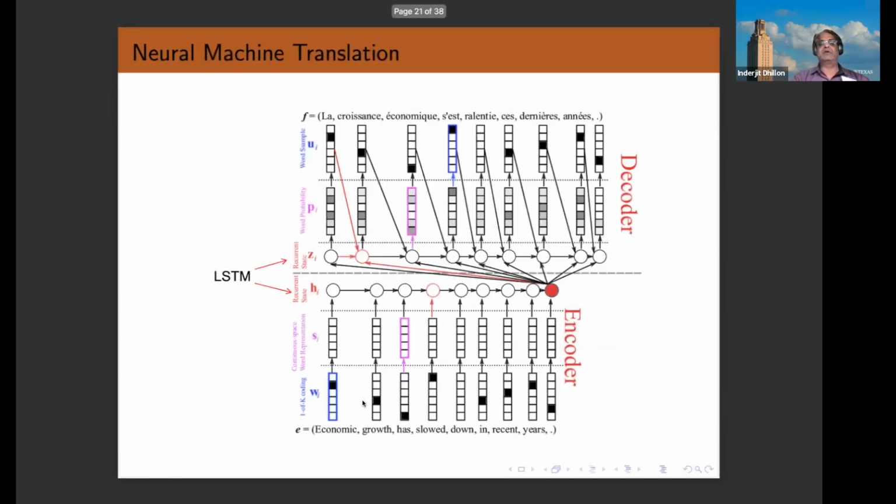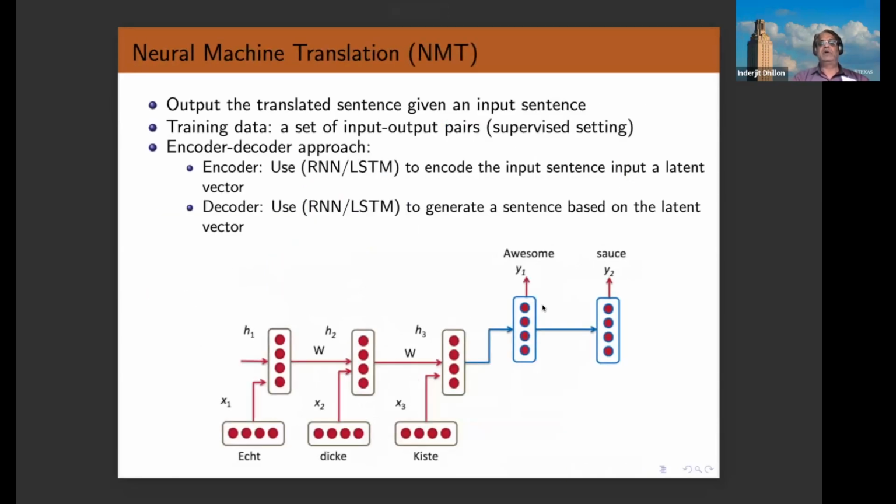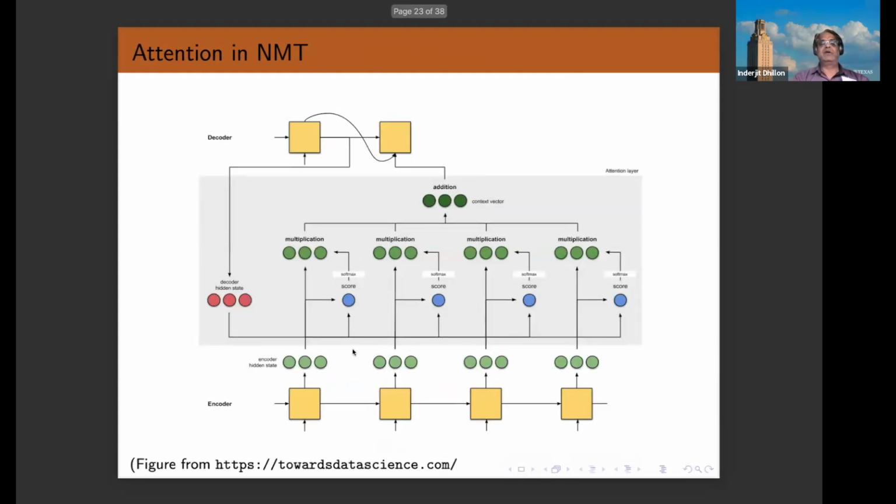now contrast this picture, where you are only using the last state to do the translation, with this picture over here, where you're using each of the states of the encoder. This is just a representation of what I just said. You take the inner product of the current latent state with this encoder state, you get a score, you do a softmax, and then you do this addition.